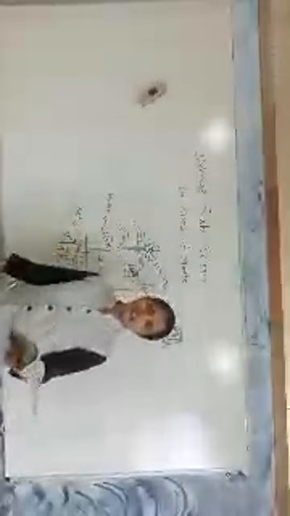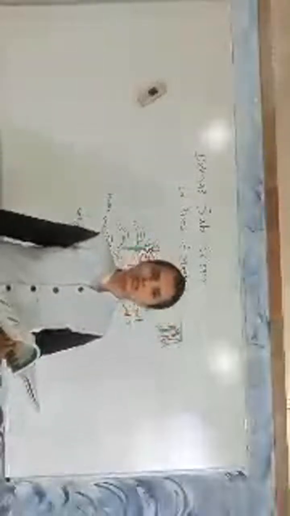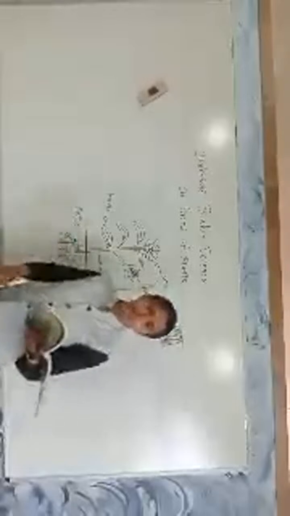Next is fruits and seeds. Fruits are juicy parts of the plant and seeds are inside the fruits. The functions of fruits and seeds are that fruits protect the seeds and seeds sprout into a new plant.